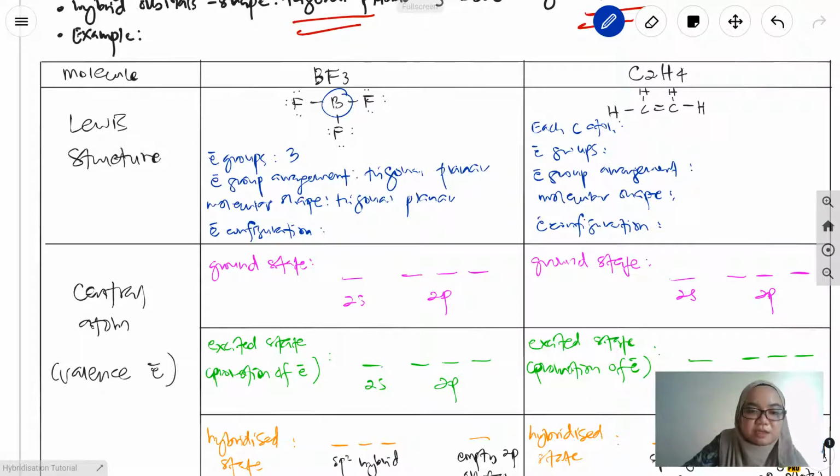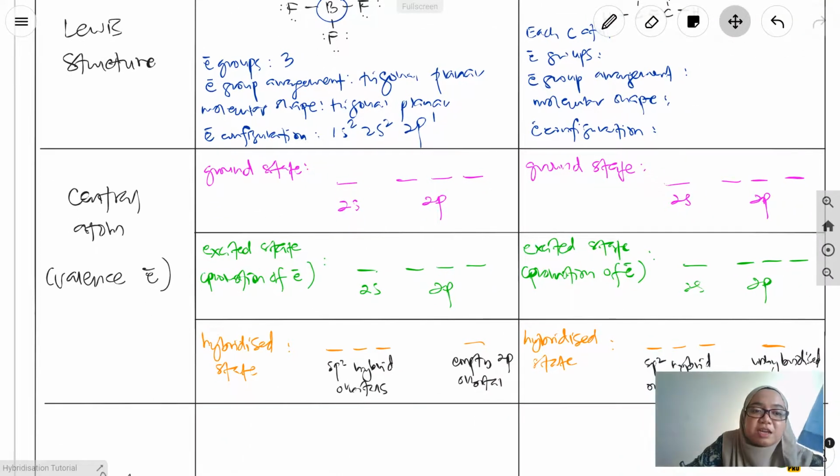And this one, for boron. So boron has the electronic configuration of 1s2, 2s2, 2p1. Now we move on to the second box, the central atom.